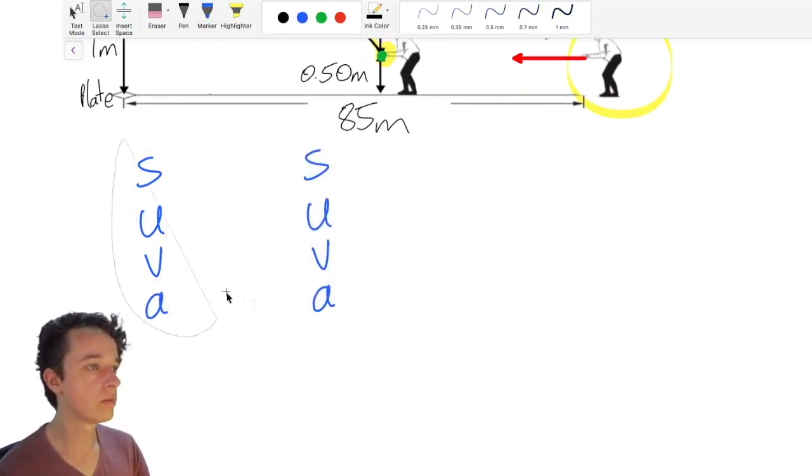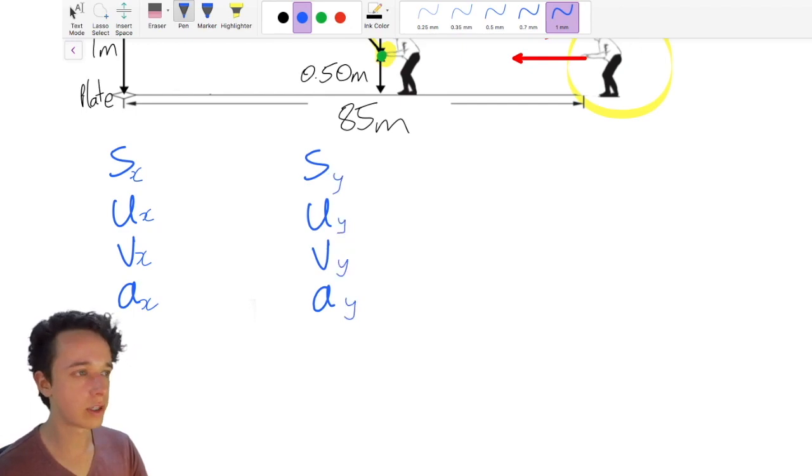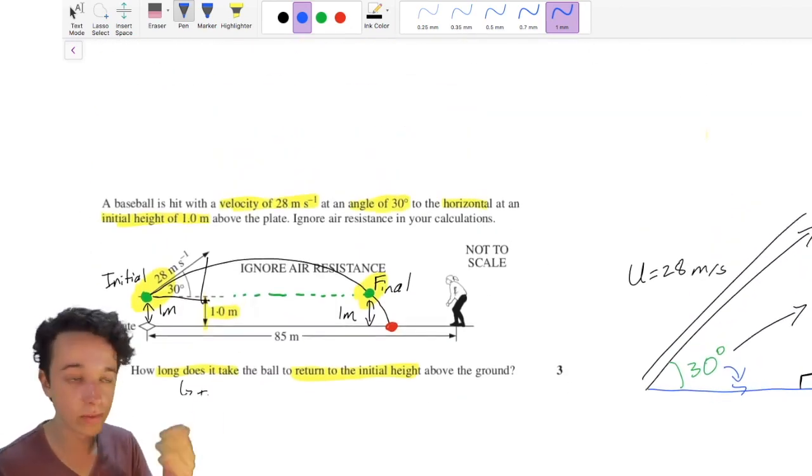we already know two pieces of information that we'd normally have to work to find. We already know the initial velocity in the y component and the initial velocity in the x component, because we did it in the previous question.